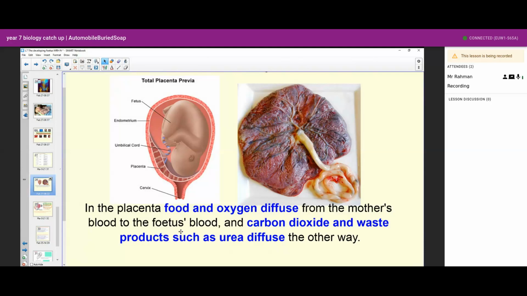The same way, a baby fetus needs to take in food and oxygen through the umbilical cord, and it also needs to give out wastes through the umbilical cord and out of itself. So carbon dioxide and waste products such as urea diffuse the opposite way, through the umbilical cord and out of the baby fetus.